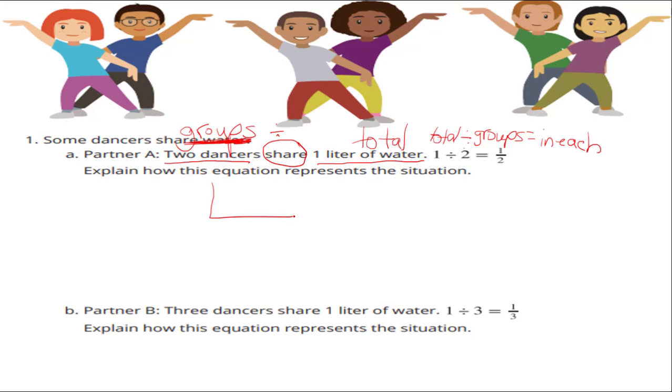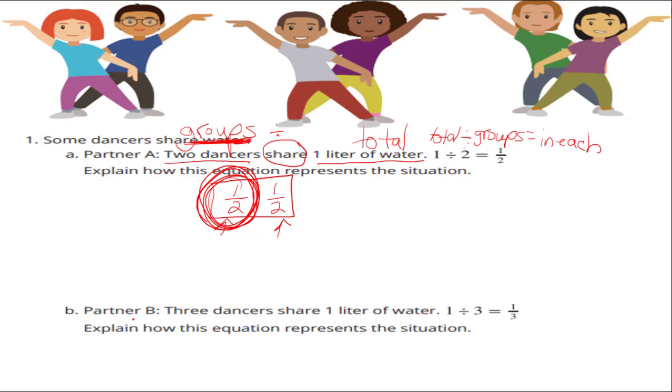So we have 1 liter. We have 2 groups, 1 group, 2 groups. And then that way we know 1 out of 2, so a half. So each dancer gets to drink half a liter of water.